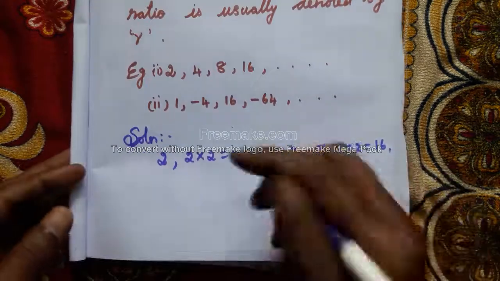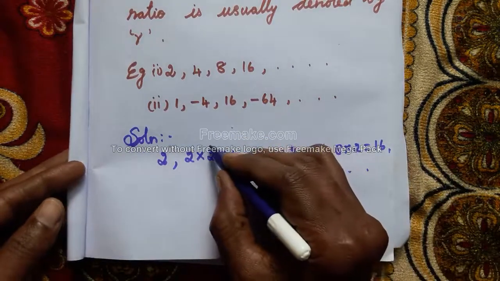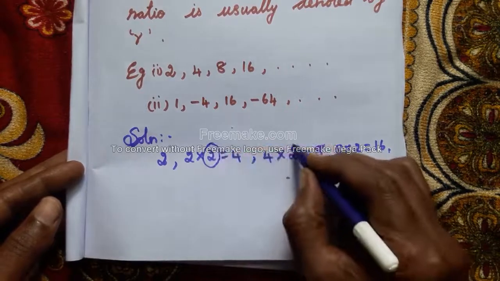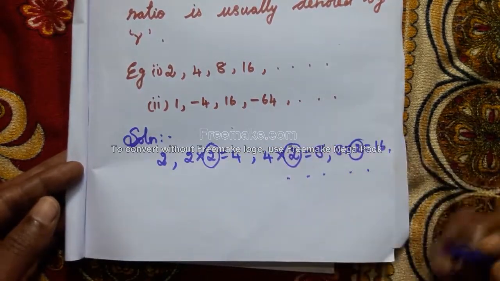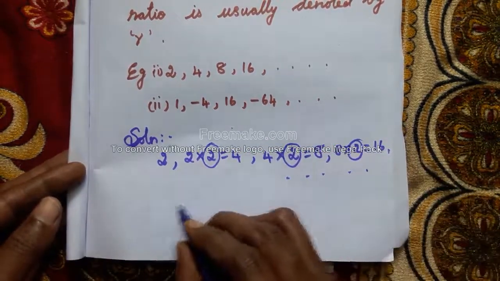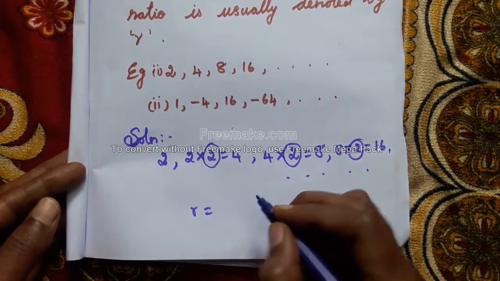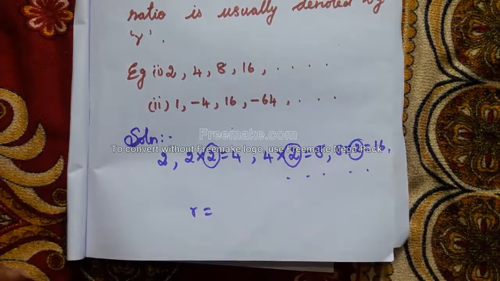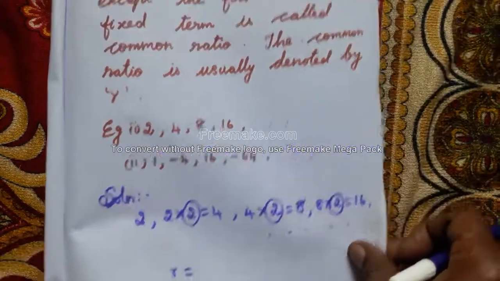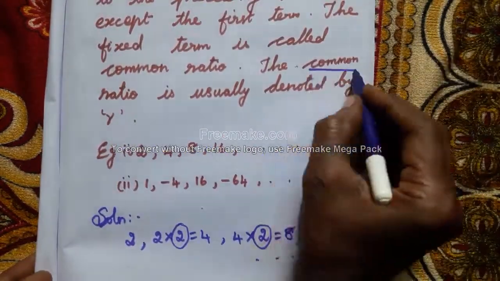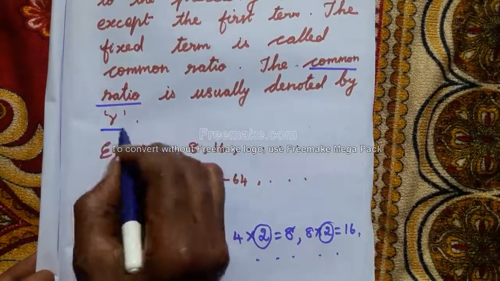This is a fixed non-zero value, therefore r is equal to the fixed non-zero value. We can say common ratio. The common ratio is usually denoted by r.